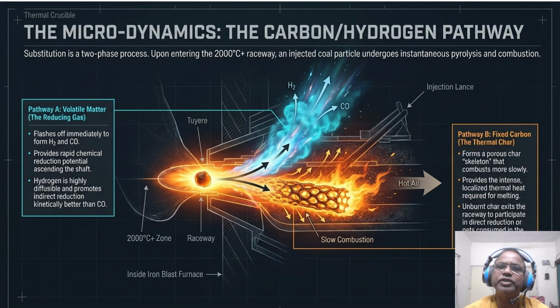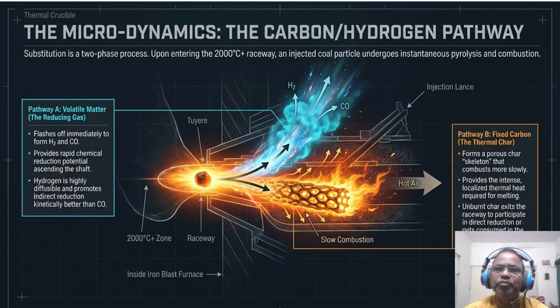Substitution is a two-phase process. Pathway A is the volatile matter. These reducing gases like hydrogen and carbon monoxide flash off immediately as shown in the slide. And this hydrogen immediately promotes the indirect reduction kinetically better than carbon monoxide alone.